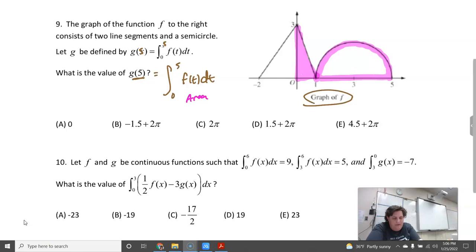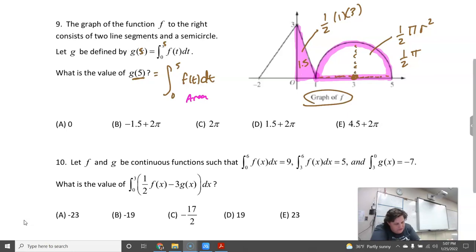Okay? All right. Nice. Let's do the triangle first. That's going to be 1/2. The base is 1. The height is 3. So that's 1.5. Okay, I'll do the half circle next. We know that the area of a circle is pi r squared. This is a half circle, so it's 1/2 pi r squared. And let's look at what the radius is. So the radius is like this, right?